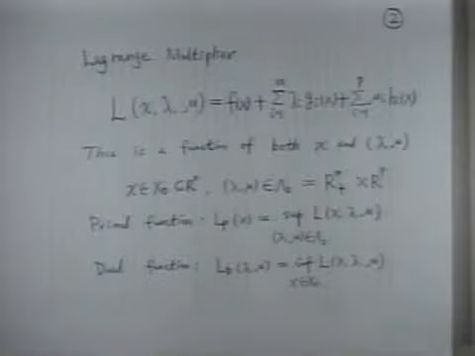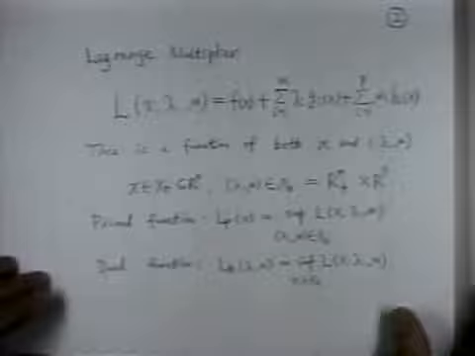And of course, when these two coincide, for instance, whenever you have x star, lambda star, and mu star that satisfy both primal and dual solution, then there's a hope that solution, in fact, is optimal to the original problem that we are trying to optimize.